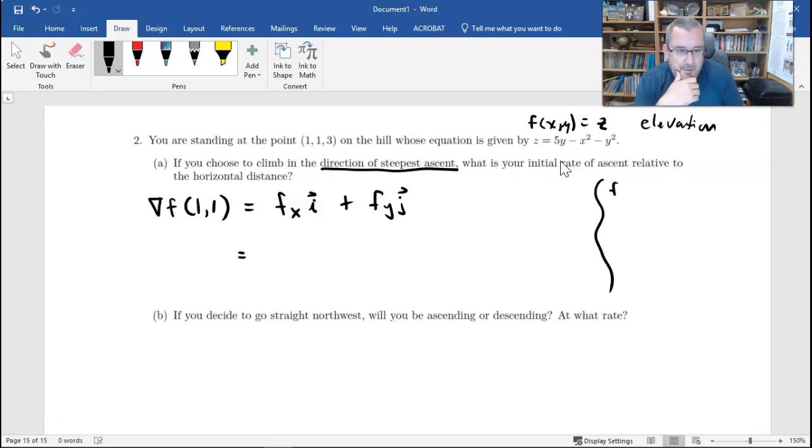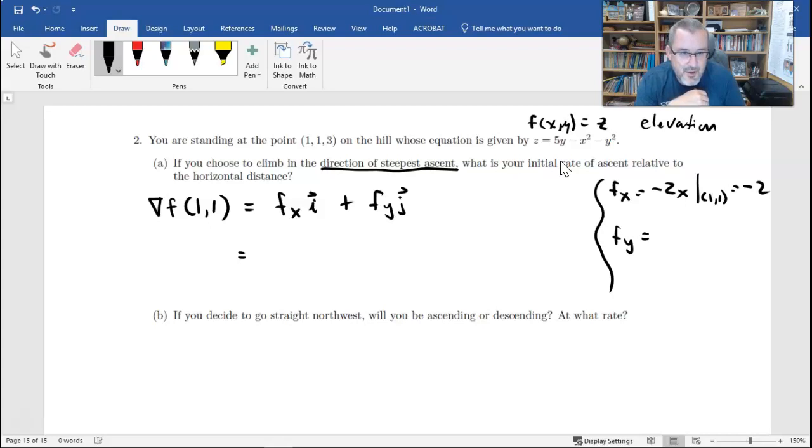Come over here and get my partial derivatives. Pretty straightforward. The partial derivative with respect to x. So 5y is constant, it's just going to be negative 2x. And we want to evaluate this at the point (1, 1). And so negative 2 times 1 is just negative 2. Partial derivative with respect to y.